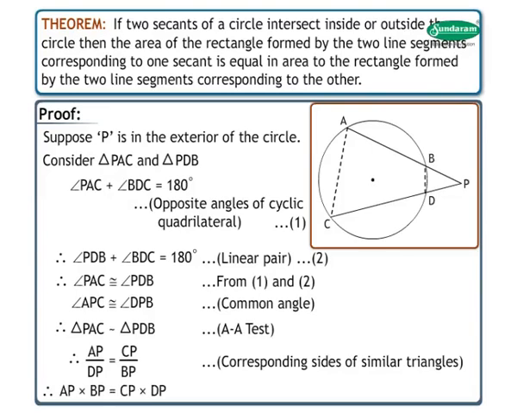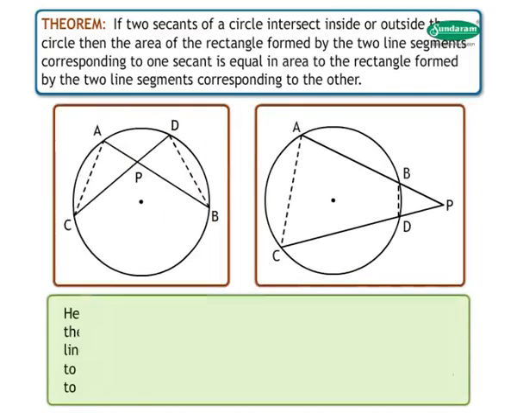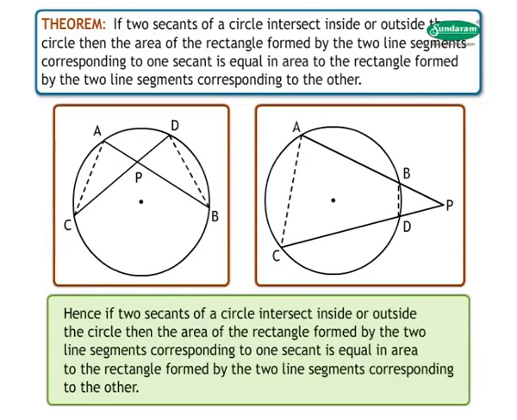Therefore, AP into BP is equal to CP into DP. Hence, if two secants of a circle intersect inside or outside the circle, then the area of the rectangle formed by the two line segments corresponding to one secant is equal in area to the rectangle formed by the two line segments corresponding to the other.